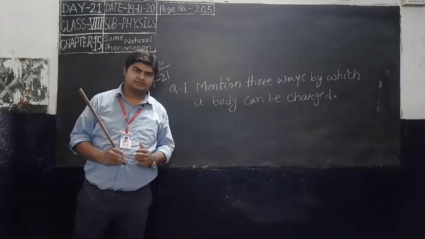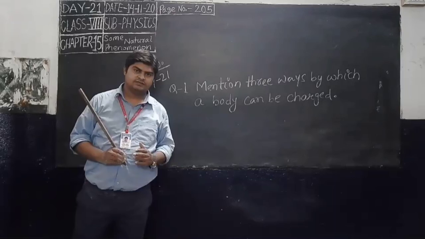The charges cannot move by themselves, so the object gets charged but the charge does not flow. It is not dynamically charged, it is statically charged. Charged particles, electrons, are constant.